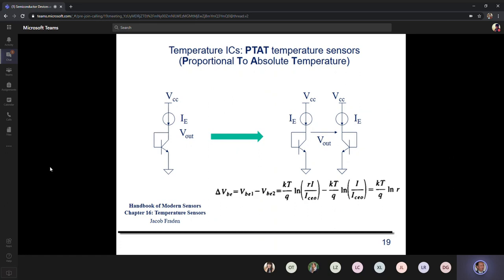So we have just the current that flows in the p-n junction formed by the base and the emitter of each transistor. These are NPN transistors, as you remember.